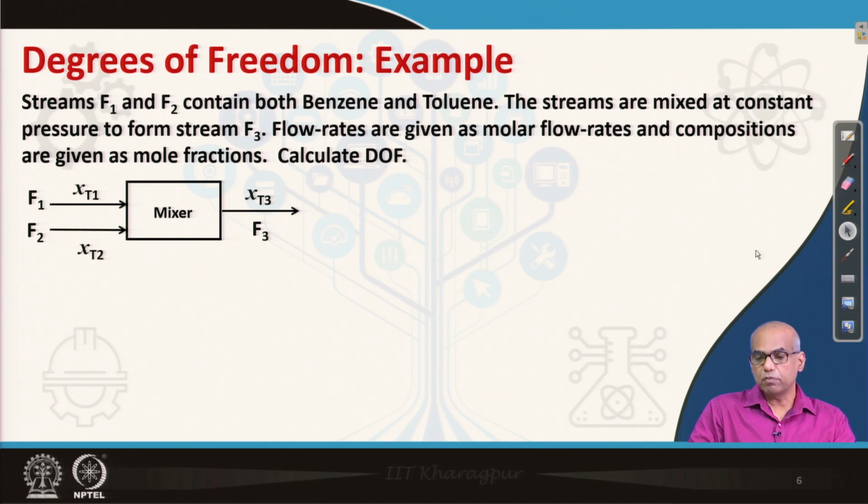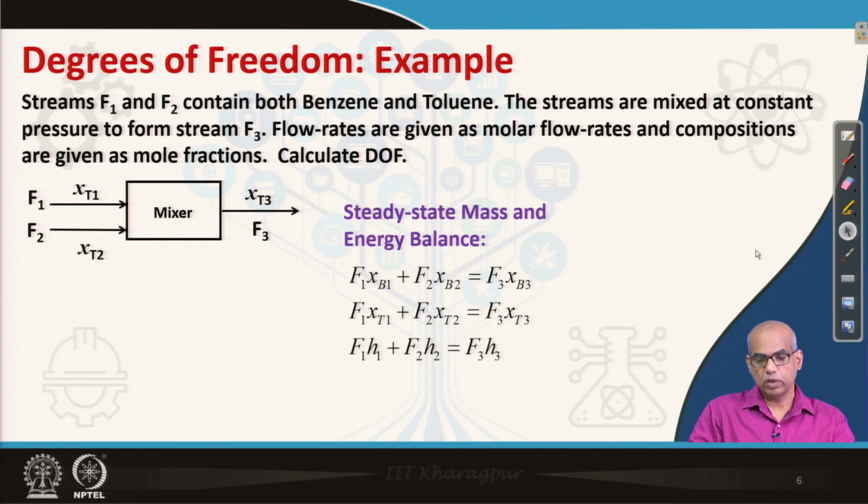Let the flow rates be molar flow rates and the compositions be mole fractions. So, what balance equations can you write? We can write steady state mass and energy balance equations. So, Xt1 is the mole fraction of toluene, Xb1 is the mole fraction of benzene, and similarly Xb2, Xb3.